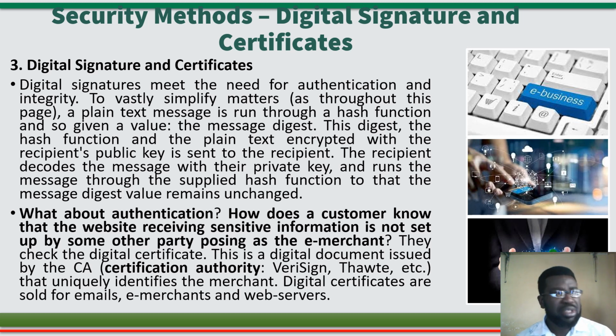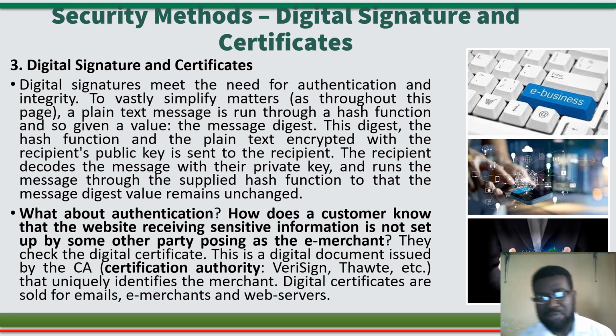The third security measure we'll be talking about is the digital signature and certificates. Digital signatures meet the need for authentication and integrity. To vastly simplify matters, a plain text message is run through a hash function, giving a value called the message digest.